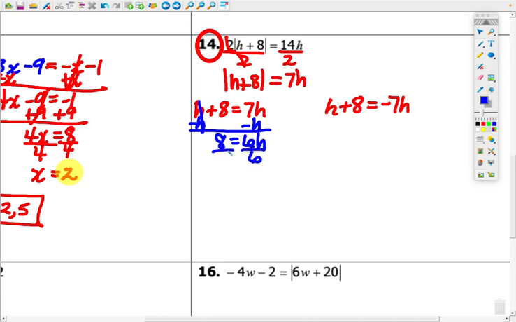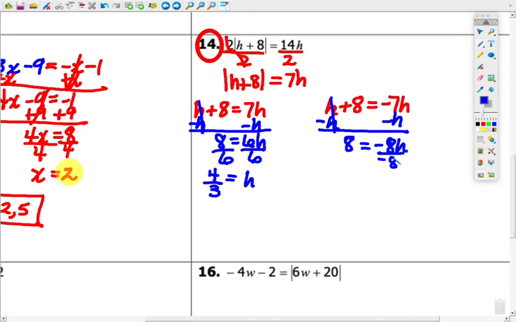Divide by the 6. Going to get a fractional answer here, 4/3. And on this one, same thing. I want to subtract my h again. I'm going to get 8 equals negative 8h. Divide. And this time, my h equals negative 1.